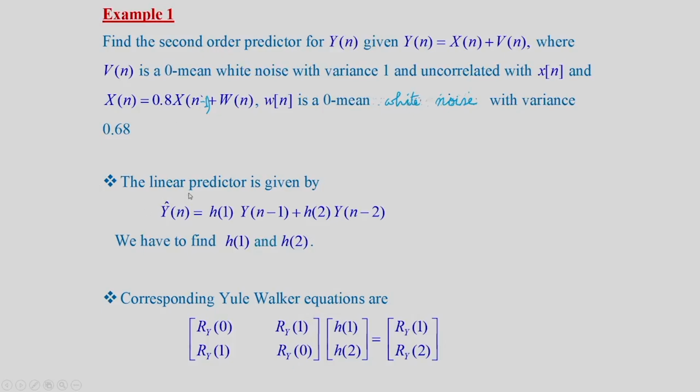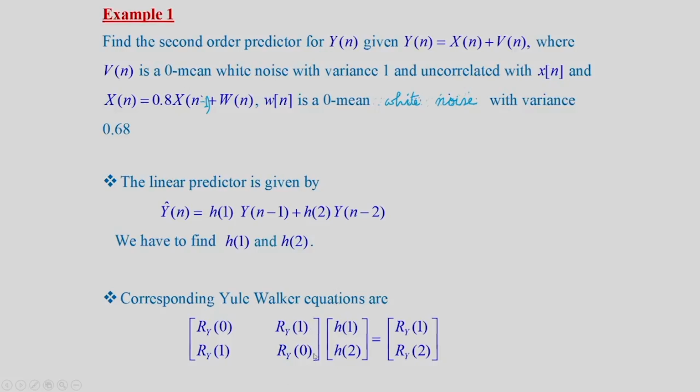The linear predictor is given by y hat n is equal to h1 into y n minus 1 plus h2 into y n minus 2. So, this is the second order predictor. We have to find h1 and h2. The corresponding Yule-Walker equations are ry0, ry1, ry1, ry0.